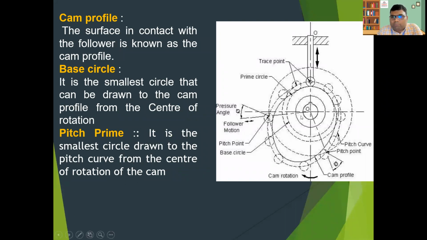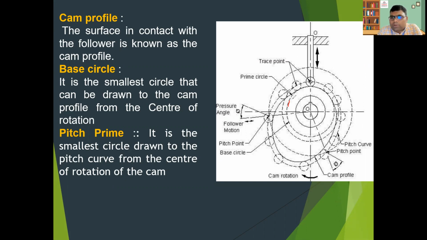The purpose of drawing this diagram is to draw the cam profile. So what is a cam profile? Let us see. This is the cam, the inside one, and this one is the base circle. In the base circle there is another arrangement, the follower, which has a roller end, so it is called a roller follower.